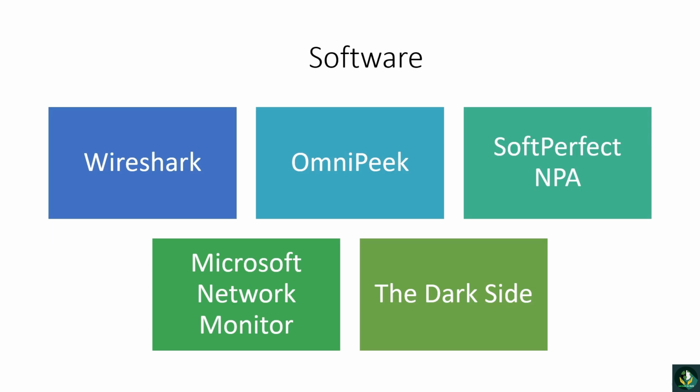Some other products out there are OmniPeek, which has a nice little GUI interface, and Soft Perfect NPA, the network protocol analyzer. Microsoft also has their own product called Microsoft Network Monitor, which has gotten a facelift.